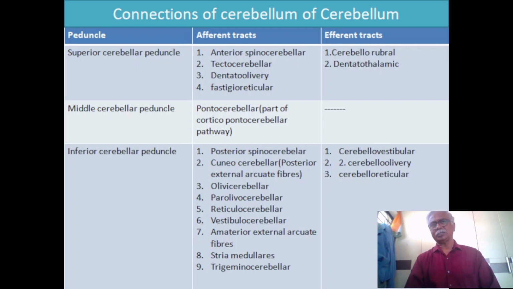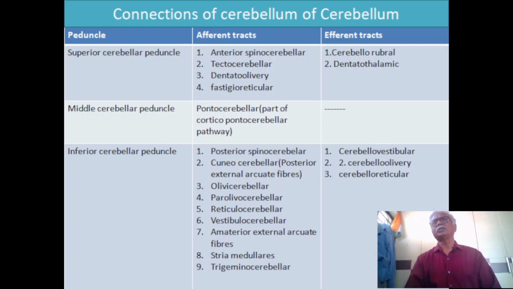The inferior cerebellar peduncle has a wide range of connections. The afferents come from posterior spinocerebellar, cuneocerebellar, olivocerebellar, paraolivocerebellar, reticulocerebellar, vestibulocerebellar, anterior external arcuate fibers, striae medullares, and trigeminocerebellar fibers.